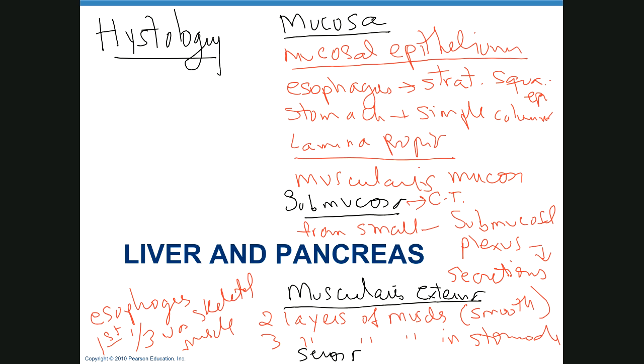We also talked about the mucosal epithelium, starting at the stomach, being made of simple columnar cells, a layer of simple columnar cells which would, in certain locations, dip below and create these pits or glands. And this would happen in both the stomach and the small intestine.